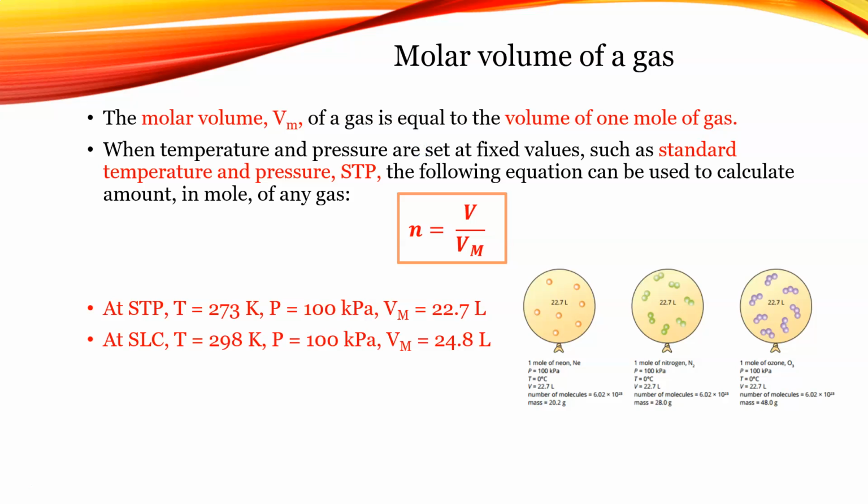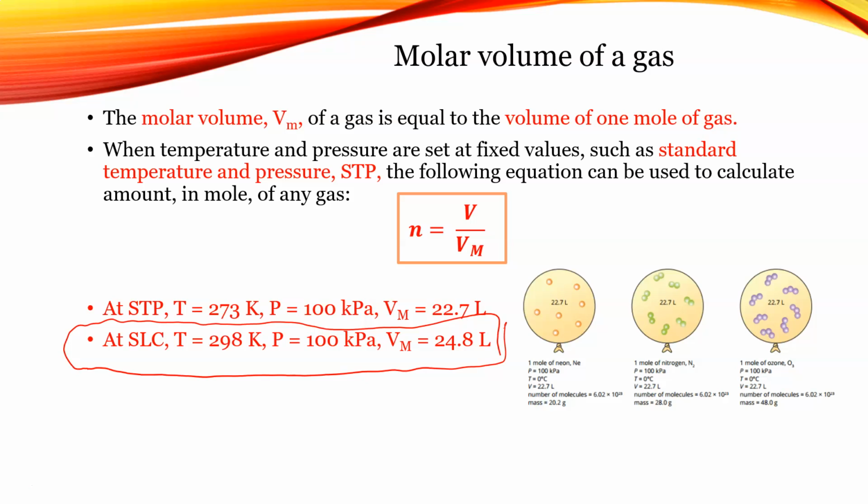So before we look at any old gas, let's think about a particular situation. And the particular situation that you really need to worry about is called SLC, Standard Laboratory Conditions. This is the one that the VCE is focusing on these days.